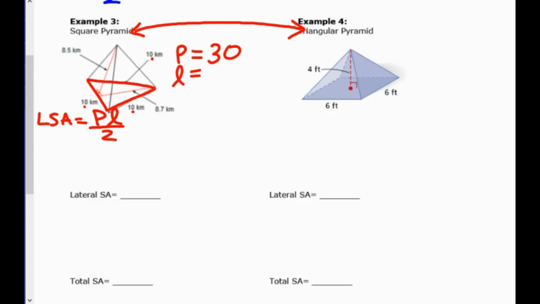What do you think? We do. And in blue, this is the slant height. It goes through the middle of the face on the slant, not down the straight middle. When we get to the next one, you're going to see something different. But on this one, the slant is on the slanty side of the pyramid. If you were to stand on it, you'd slide down. So that slant height is 8.5.